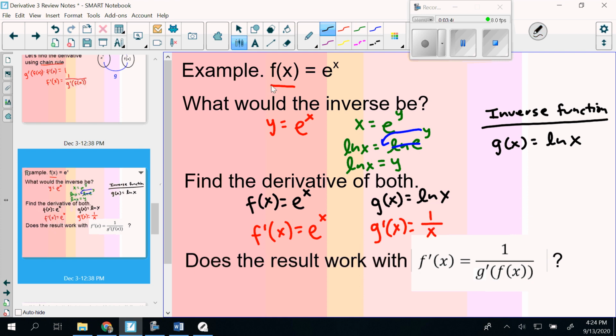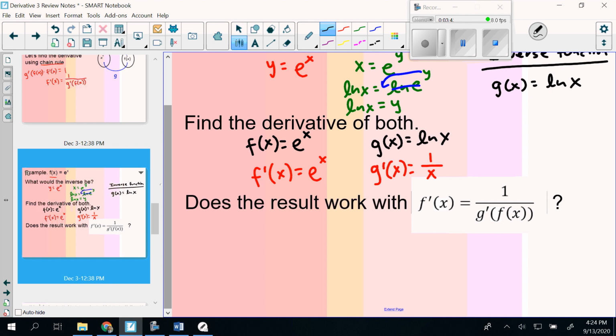Okay, so now let's see. That result we came up with from the last one is that derivative of f then should be equal to 1 over g prime of x at f of x. So let's start with the left side. What is f prime of x? We just found that here. That's e to the x. I'm going to substitute that in. On the other side, we got 1 over derivative of g.